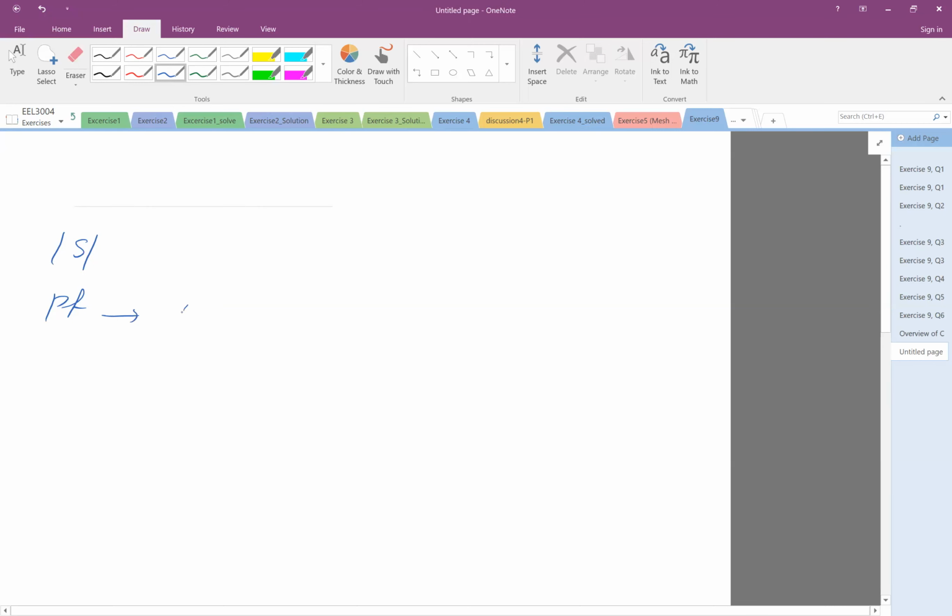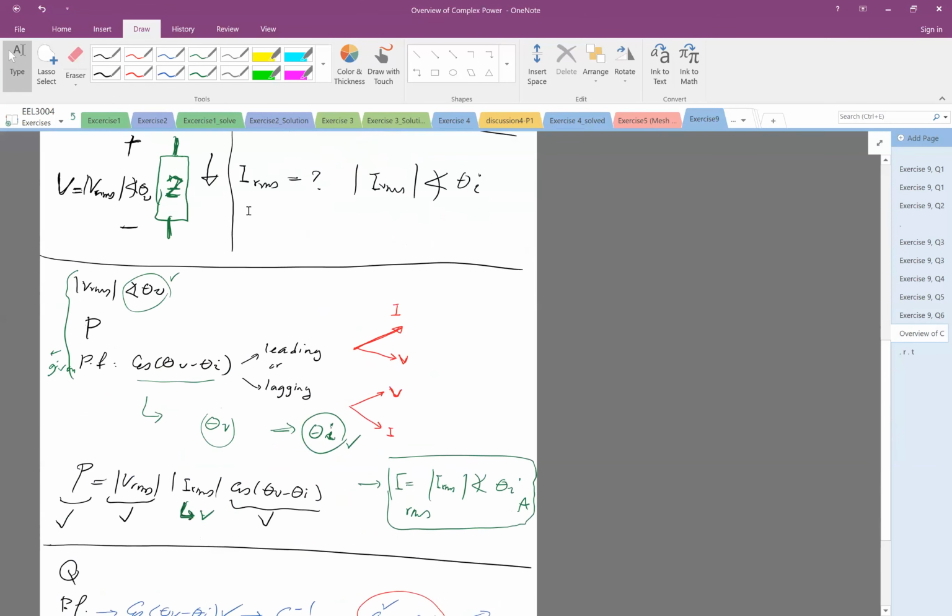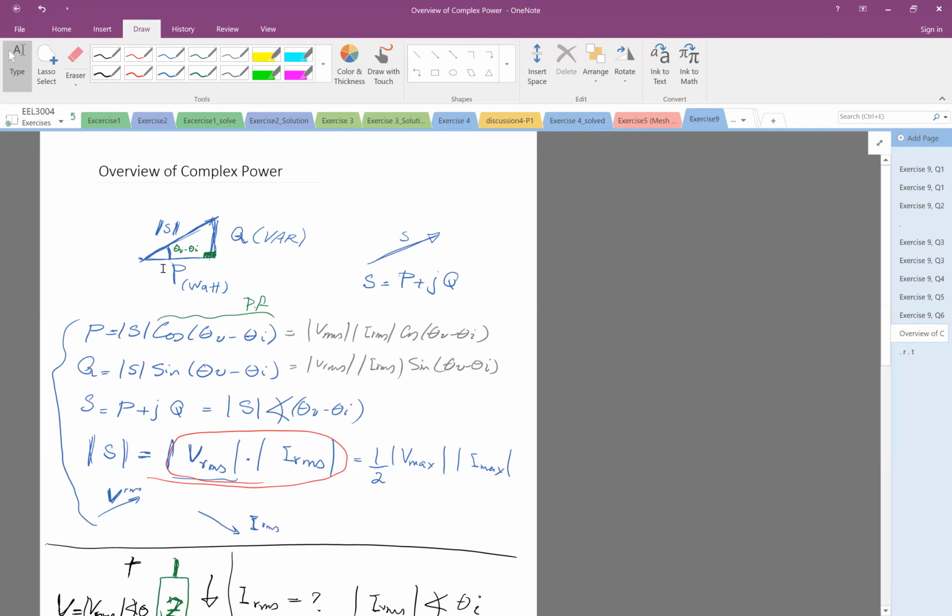Again, from power factor, you get the angle theta V minus theta I, and from that you get theta I. And then S is just V RMS times I RMS. If S is given, you can easily get this one. So again, in this triangle, you can think of different combinations. Some of them might be given, and you can find the other one.